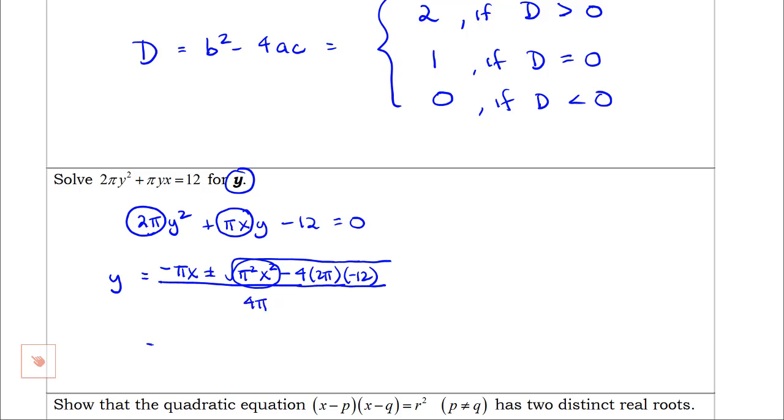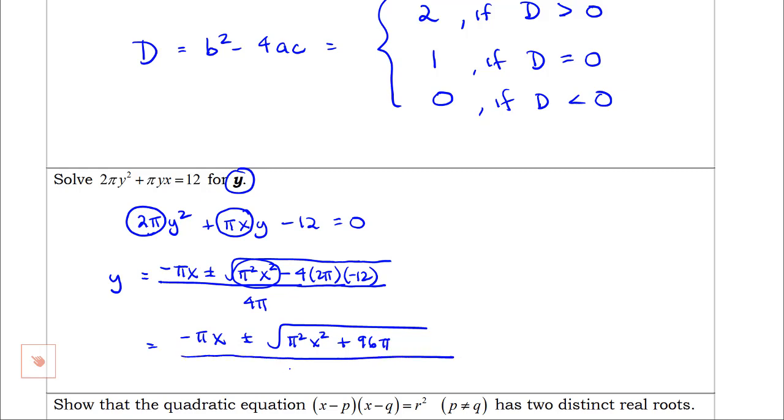And then we just clean that up. And we get pi squared x squared plus, is that like 96 pi? Now, yes and no. Yes, you could factor out a pi, but it's not going to get you anywhere.